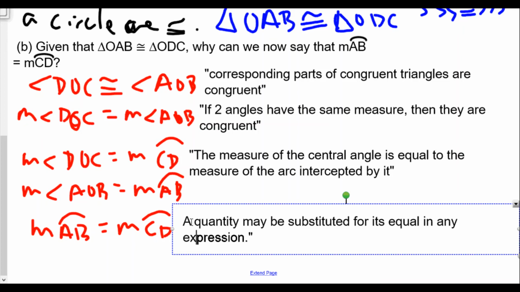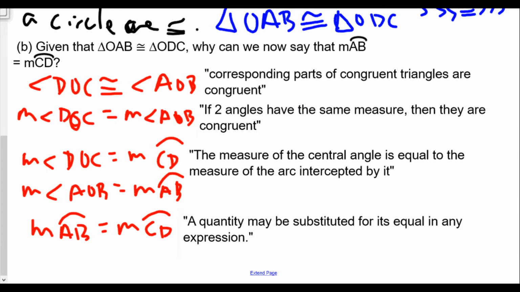So that's what it comes down to. All this logical thinking is: why is this true? Well, we know the triangles are congruent, corresponding parts of congruent triangles are congruent for the angles. The angles are equal to the measure of the arc intercepted, and therefore by substitution, yes, that's going to be substitution, ladies and gentlemen, we can prove that the two arcs must have the same measure.